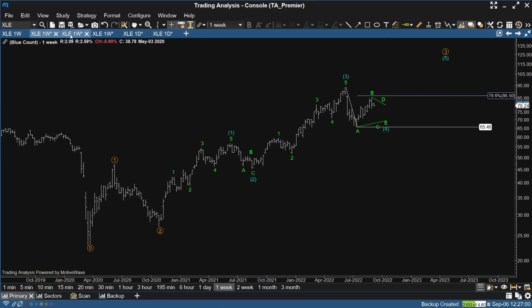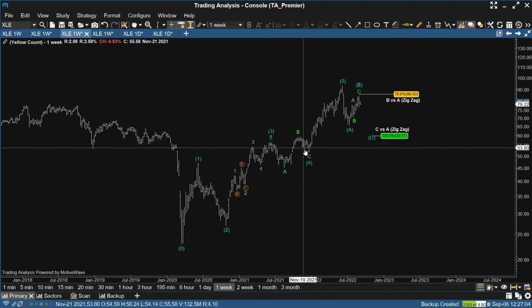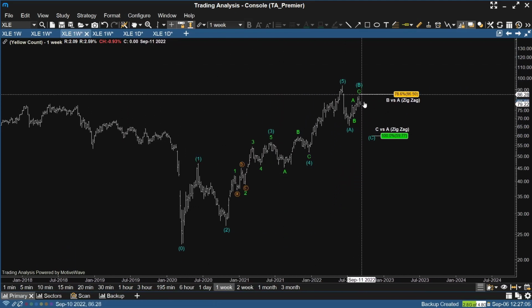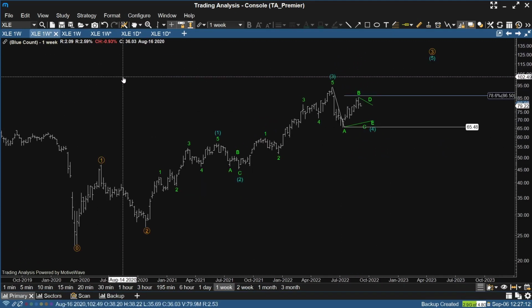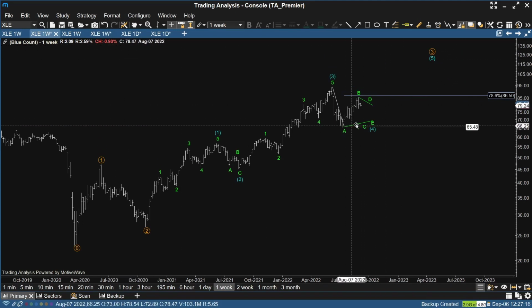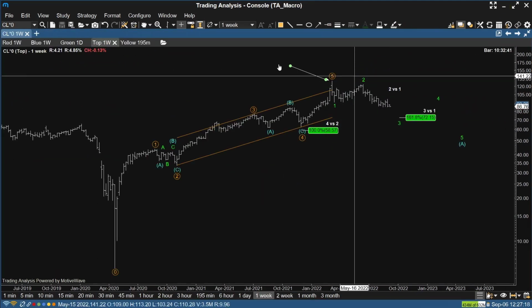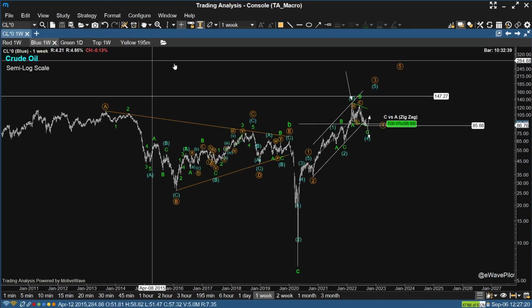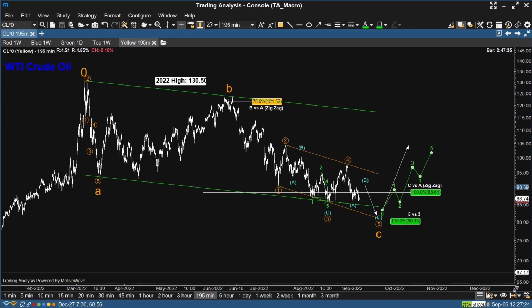And then if we do break down in WTI crude oil, we need to at least be aware of the possibility that we are up against a more sizable ABC correction. I just don't see it yet from a technical perspective. From a technical perspective, my preferred view suggests that this is going to be wave 4 as a triangle or wave 4 is complete, and that we are going to see crude oil maintain the ABC correction, which we discussed last month.